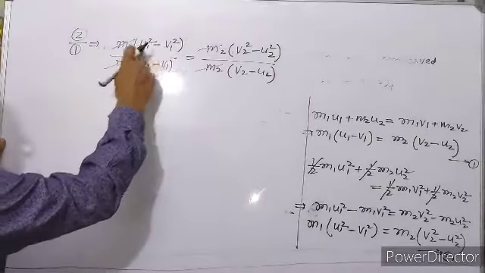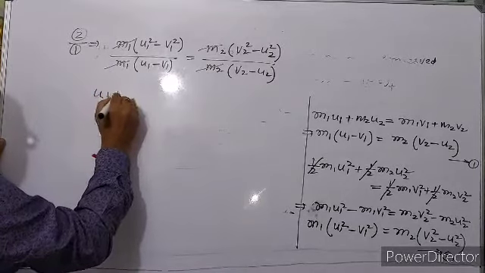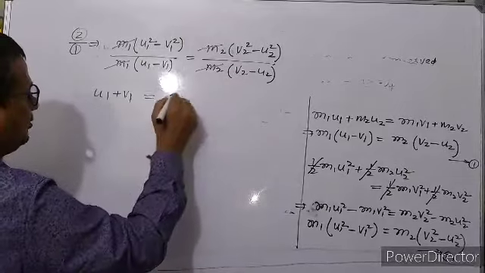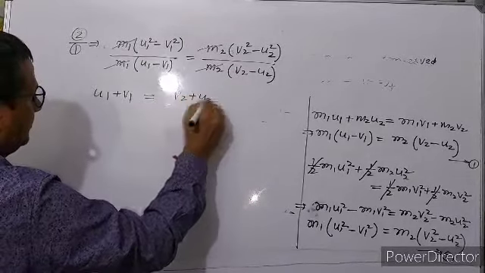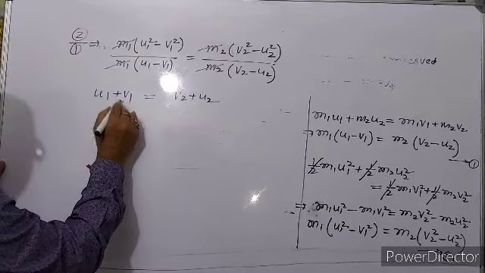This is a plus b into a minus b. So this will be equal to u1 plus v1, this will be cancelled, and this will be v2 plus u2. We got this relation.